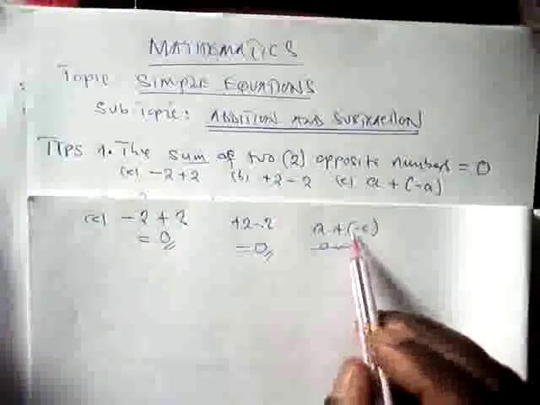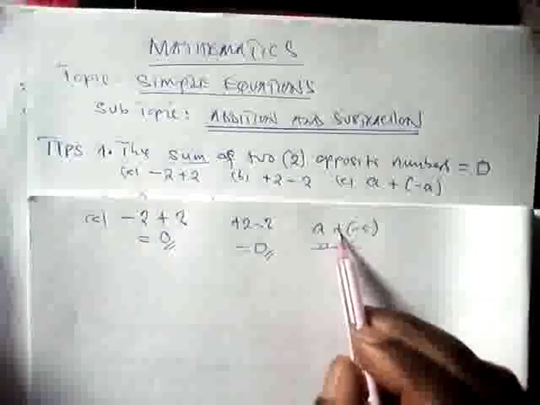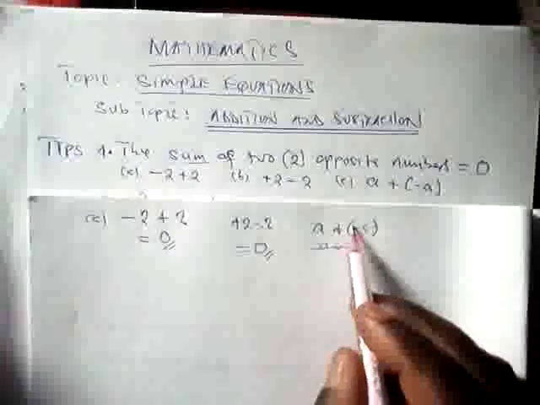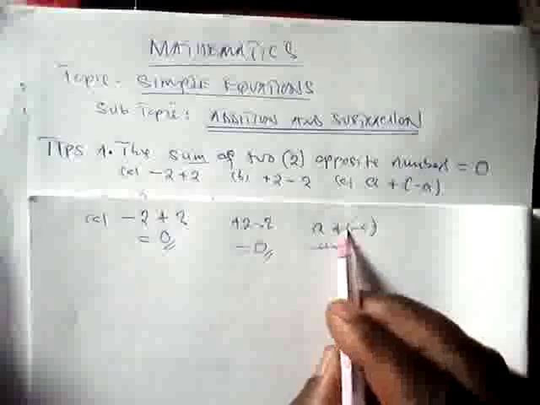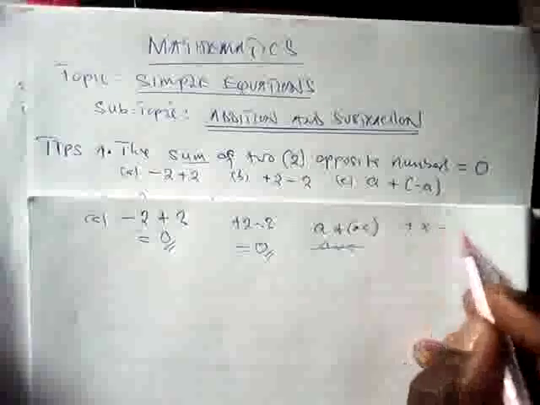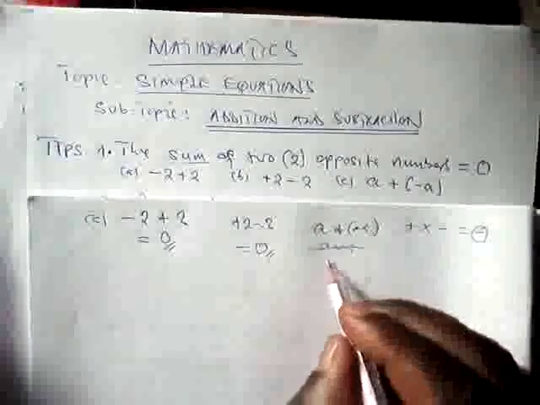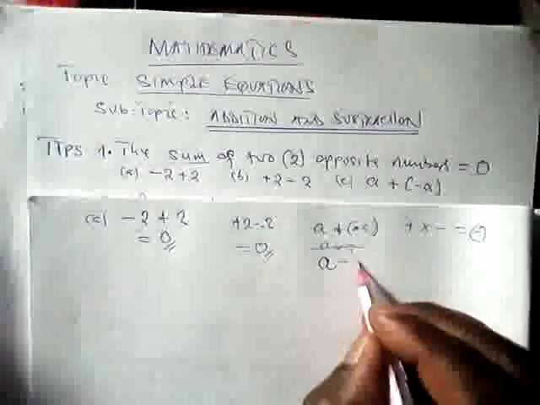To remove brackets, you want to determine the resultant sign. These brackets mean multiplication. So positive times negative, the result is negative, so negative A.